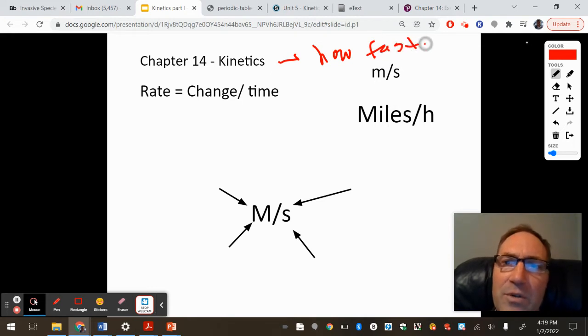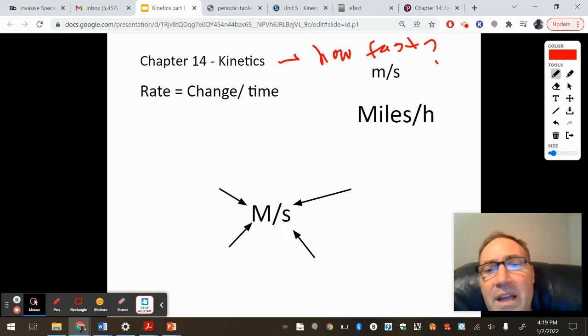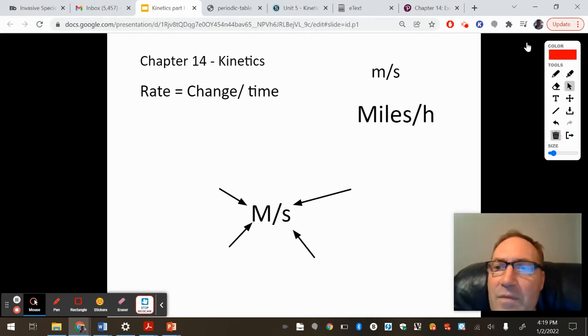So when we're studying kinetics, we're looking at the speed of things. In chemistry, we often refer to the rate. This is the amount of change per unit of time. If we're talking about speed, we'd be talking about miles per hour or meters per second.